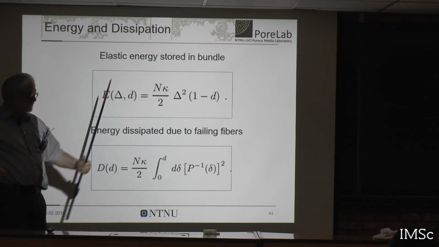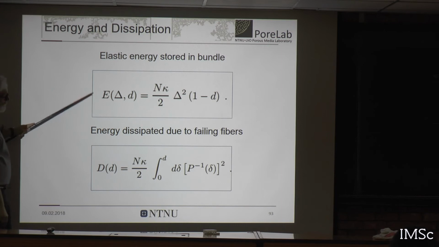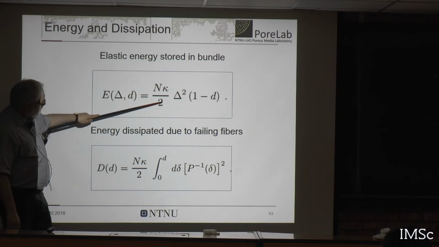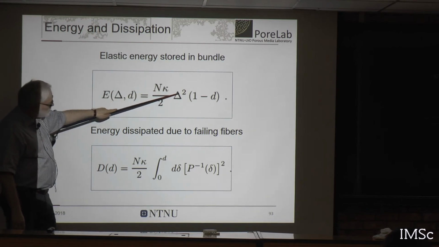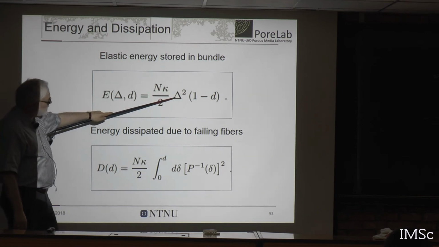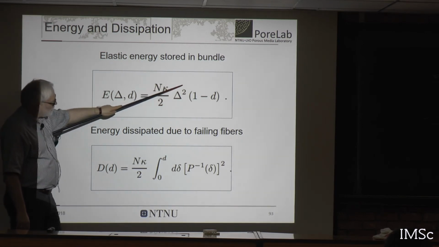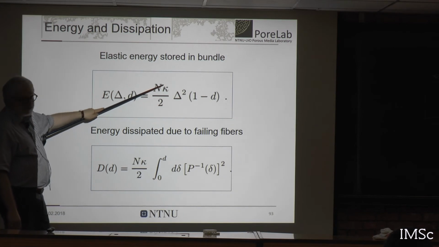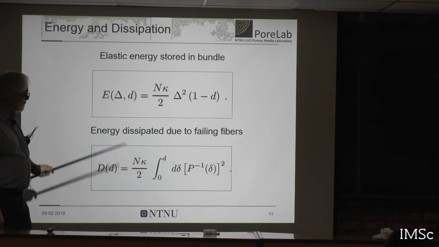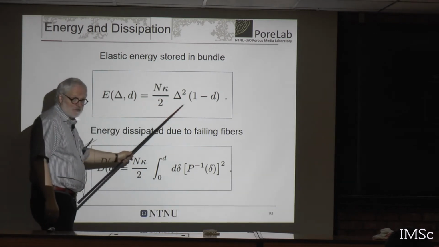So I pull it out by delta, and the elastic energy now in the fiber bundle is kappa delta squared over 2 for one surviving fiber, and N times (1 minus D) is the number of surviving fibers. So this is the elastic energy sitting in the fiber bundle.